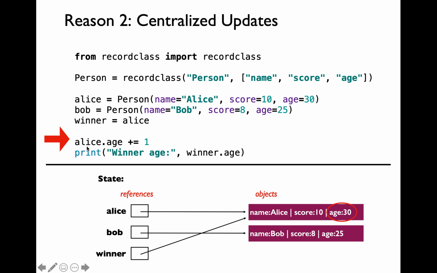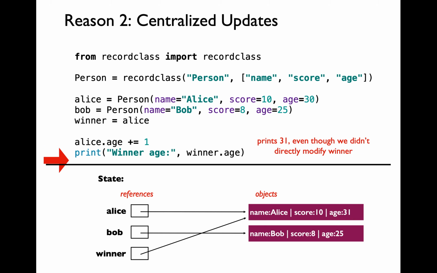Observe that we are using the reference variable, which is Alice, and then dot in order to access the attribute here, which is the age. Then we are saying plus equal to 1, so that's going to increment the value of the age attribute to 31.